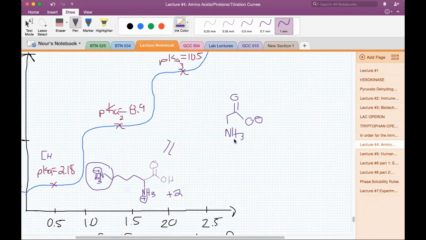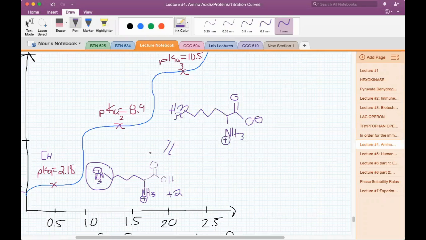This still has its proton because its pKa hasn't been reached. Oh god. Excuse me for my bad handwriting. That's an N. I'll erase that, put an N.